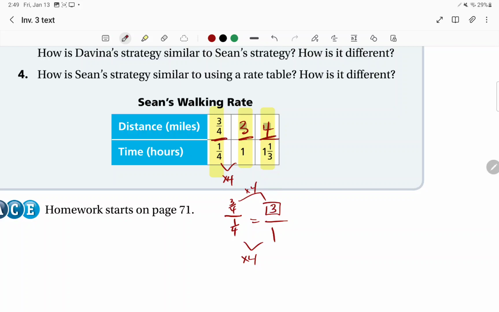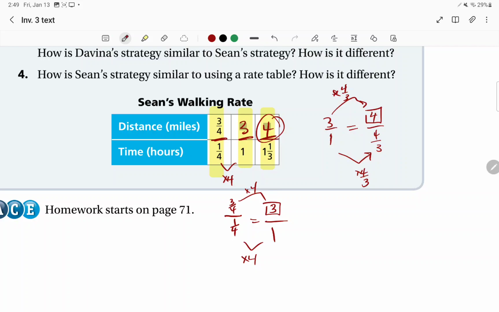Okay, and then to find this one right here, you could do 3 over 1 is equal to what over, I'm going to change this to 4/3, right, because you took this times 4/3 to go from there to there, and then to go from there to there, you're also going to multiply by 4/3, and when you do that, 3 times 4/3, you get 4.